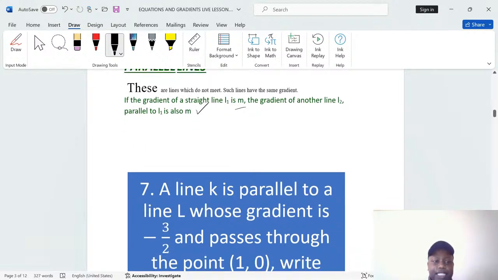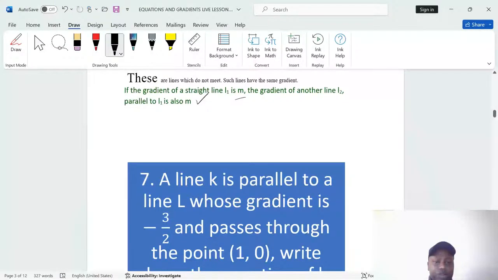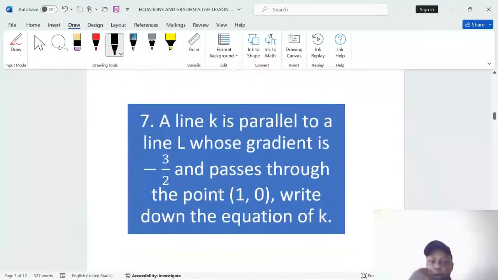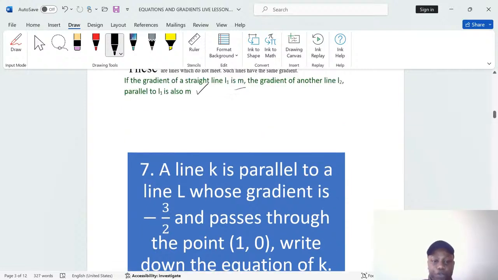Let me look at a sample question which has been attached here. We are told that a line K is parallel to a line L whose gradient is -3 out of 2 and passes through the point 1, 0. Write down the equation of K. So there is a line K parallel to another line L whose gradient is -3 out of 2.